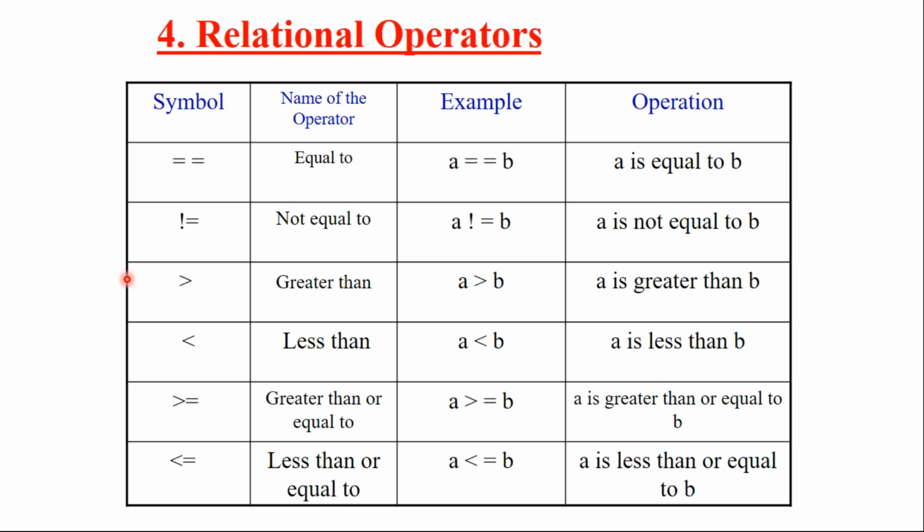These relational operators will be used to compare the values of two variables that are present, and it will show us the result. Where can we use this, we will see in the program so that people can understand. We have different relational operators like equal to, not equal to, greater than, less than, greater than or equal to, less than or equal to.